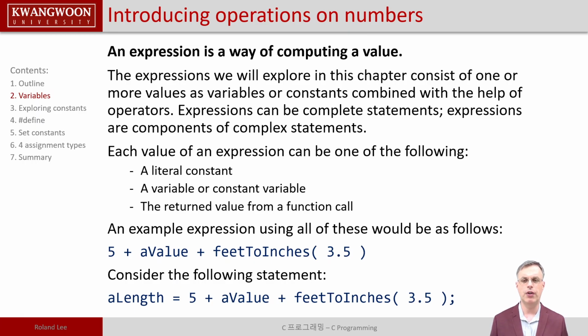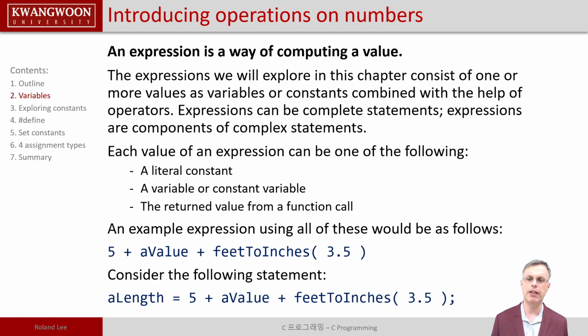A more useful version would be aValue = 5, which is really two expressions, the evaluation of 5 and the assignment of the value to the aValue variable.